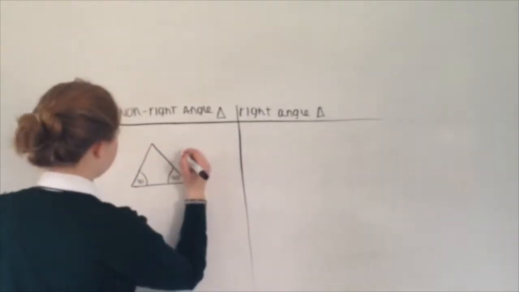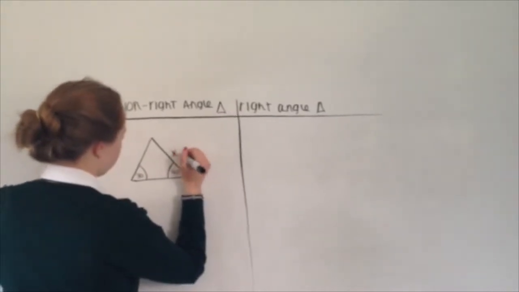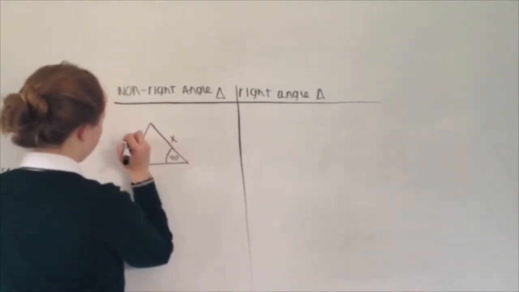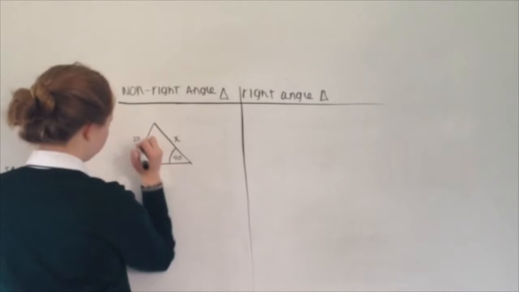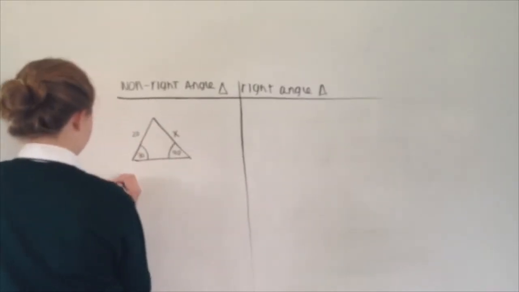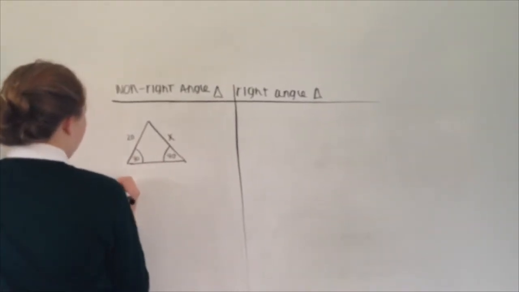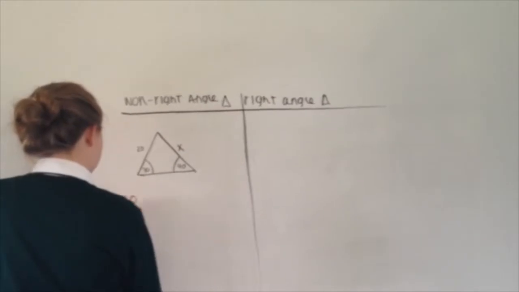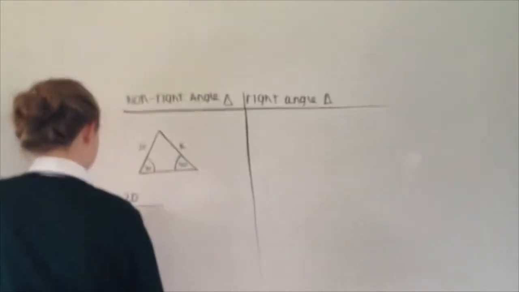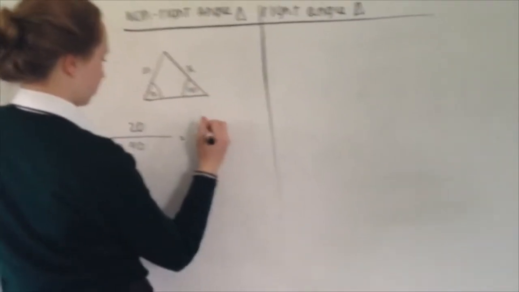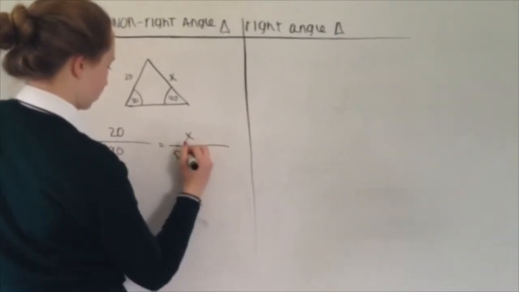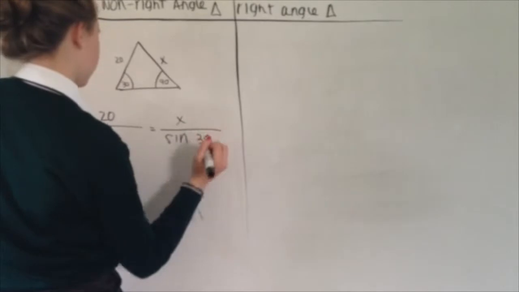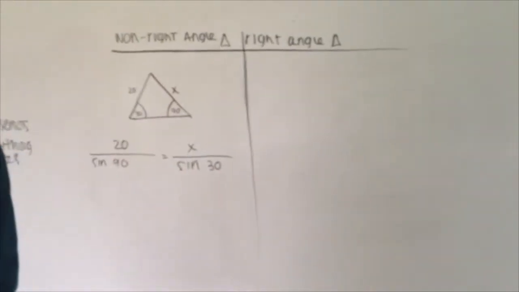And you already know that one of the sides is 20. You have a complete relationship between 40 and 20. So you compare 20 divided by sine of 40 and x, which is the side you want to find out, divided by sine of 30.